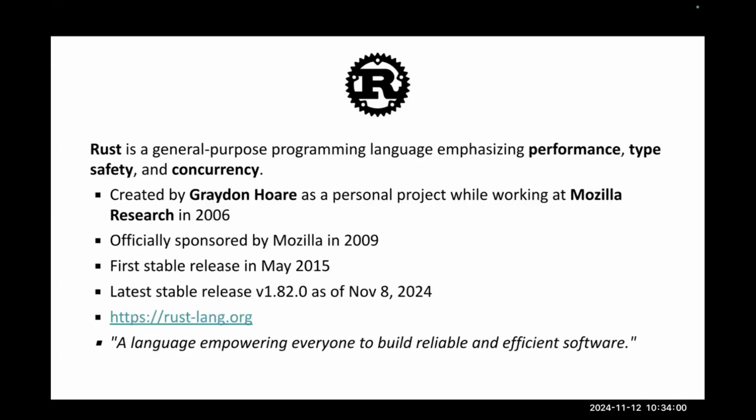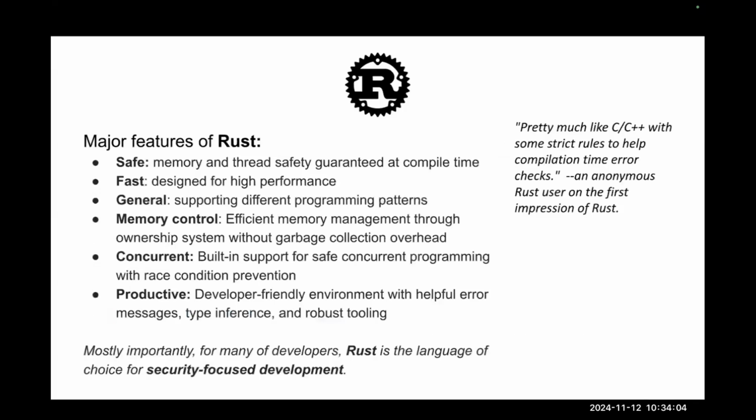So the goal of Rust was just to empower everyone to build reliable and efficient software. And the major feature of Rust, of course, is safety; cybersecurity concerns were put into Rust at the design stage. And also because it's a compiled language, kind of like C and C++, it's reaching almost the native, I would say C or C++ level of performance.